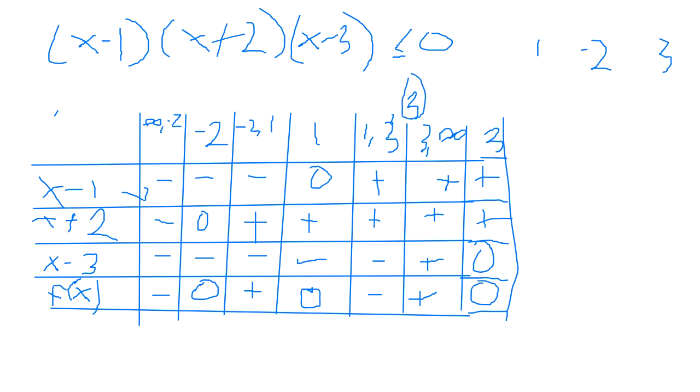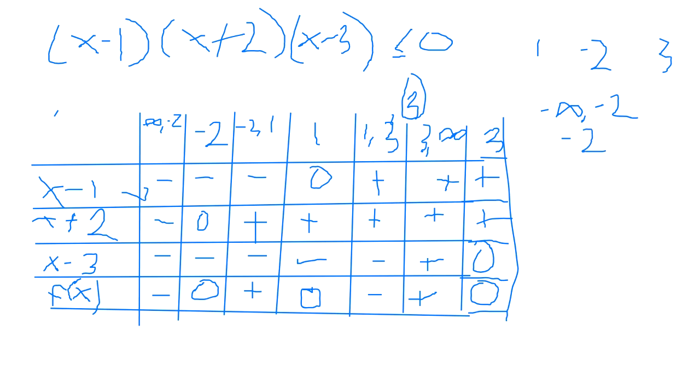Okay, good. So now, once you have got the table correctly, you have found the answer. The question says that we are looking for values of x that will make f of x negative or 0. Where is f of x negative or 0? It is from negative infinity to negative 2, and at negative 2 it is 0. Between negative 2 and 1 it is also negative.